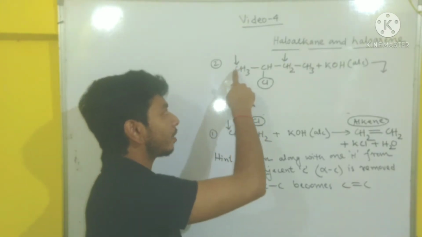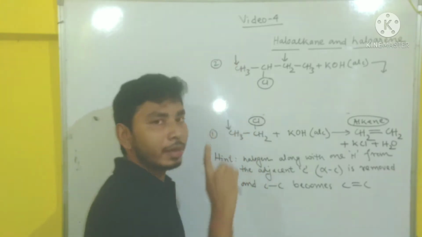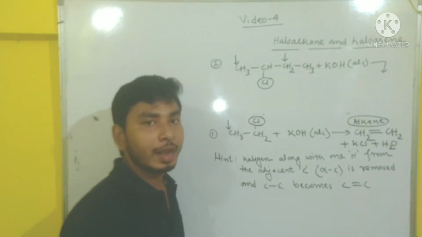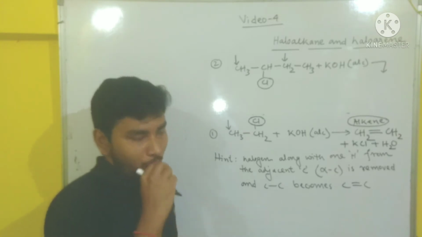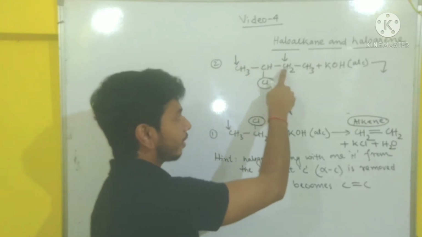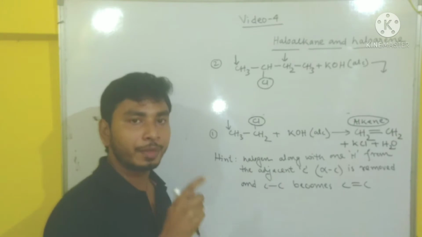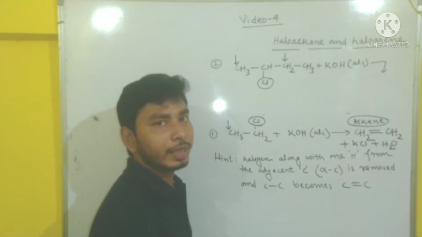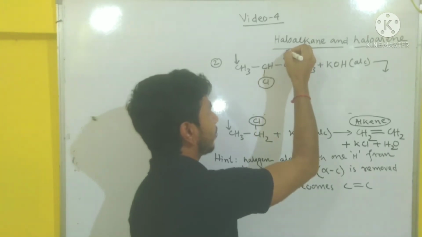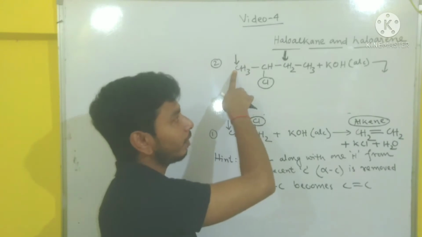If there are two adjacent carbons, then the hydrogen has to be removed from that carbon which carries the lesser number of hydrogens. One carbon carries 3 hydrogens, another carries 2 hydrogens. So we have to remove the hydrogen from this carbon, not from this carbon.